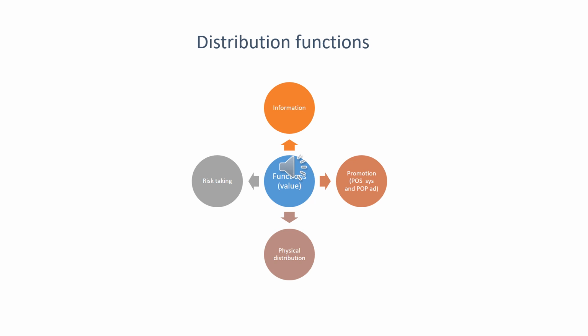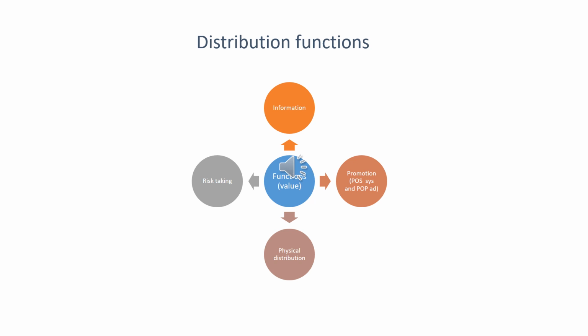This is a very important function of distribution, because it is in stores that the purchase takes place, and distributors gather and share information about customers, their needs, their behavior inside the stores, the market trends, and all this information will go to companies. So there's a kind of feedback, which is very important, that is carried out by the distributors.